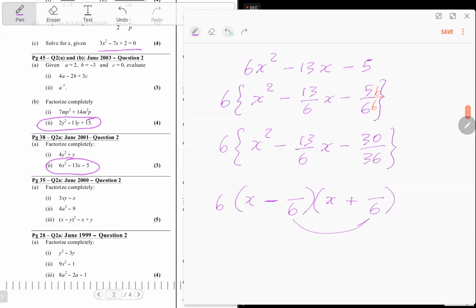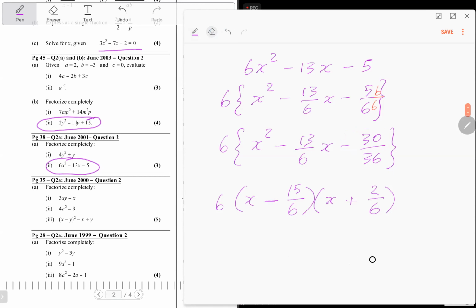I want factors of 30 where the difference is 13. That's 15 and 2. So I put the 15 and the 2 there.